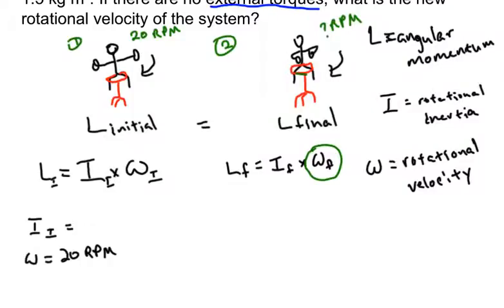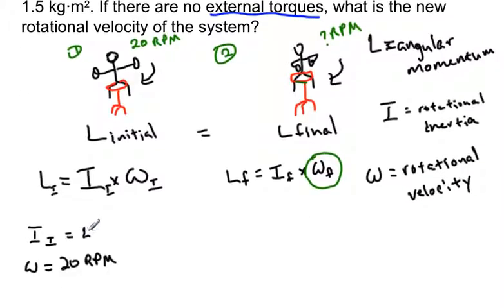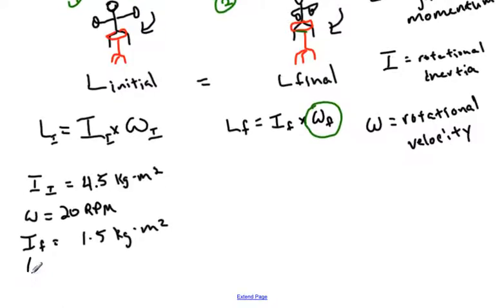The initial inertia is 4.5 kilogram meters squared. And our final inertia, I final, is 1.5 kilogram meters squared. We're looking for the final rotational velocity. Okay, so we have our knowns and unknowns listed.